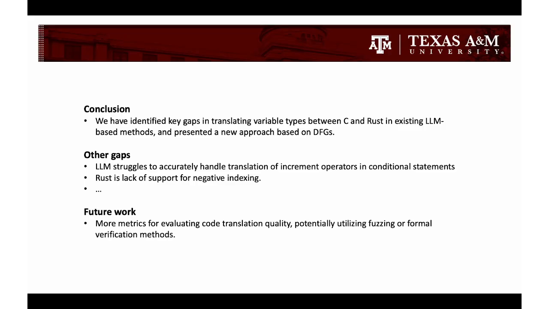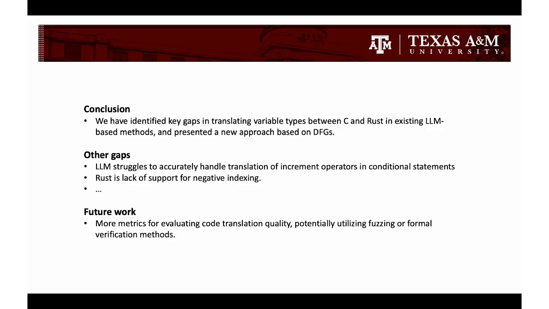When the target programming language like Rust lacks a direct equivalent for a certain C feature, the LLM needs to develop a workaround. However, these workarounds are non-trivial for LLMs to generate and often risk violating the safety or design principles of the Rust language.